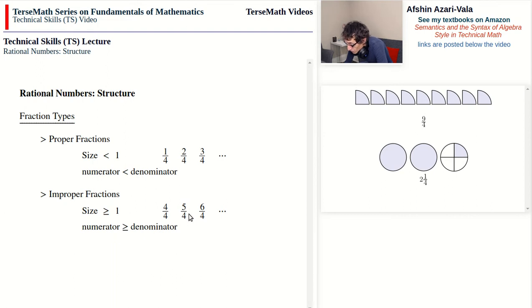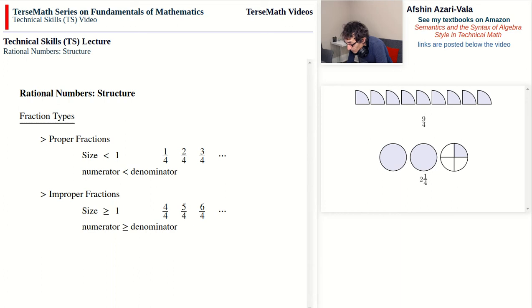If the top is larger, then with 4 of them you can make 1 pie, and you will have extra pieces left, and so the size will be greater than 1. One thing I would like to mention is that in mixed number form, this is what we call a mixed number, because the notation is a mix of a natural number and also a rational number.